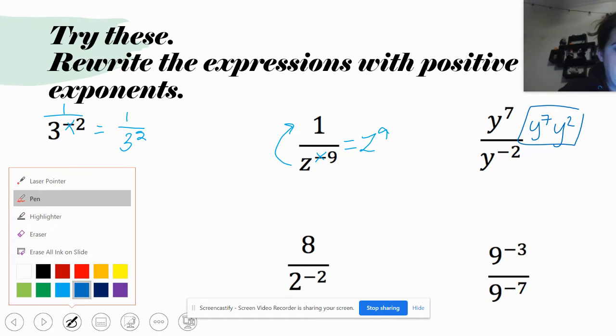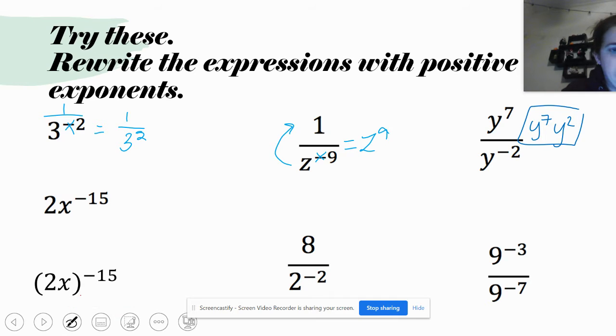All right, right here, we have 2x raised to the power of negative 15. So this is actually going to be 2 over x to the 15th power. Okay, so we have to be careful. This 2 is not part of this exponent.